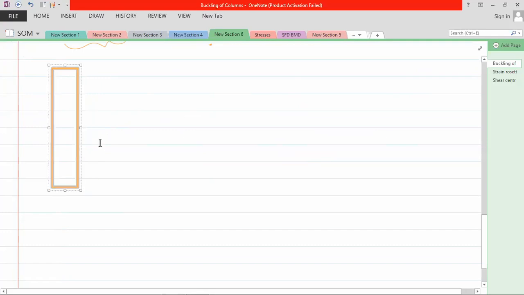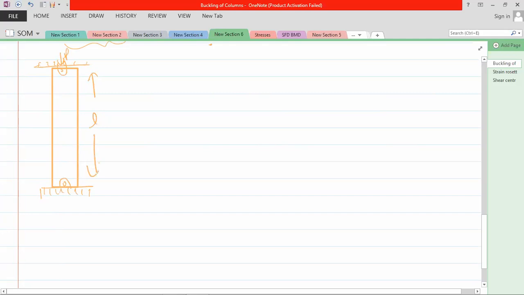So suppose this is your column, and this is your hinge support. Both are hinge supports, and a P load is applied in this form. This is length L.